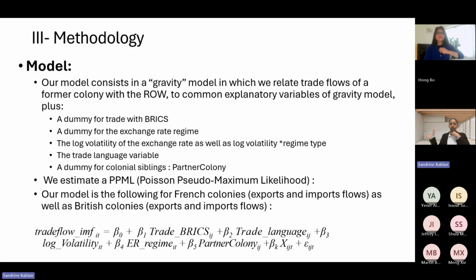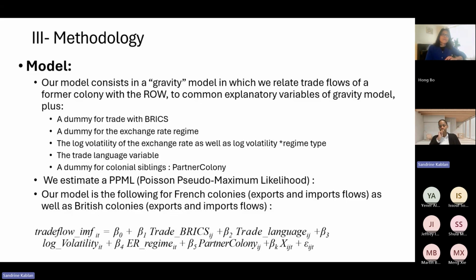Okay, so we relate trade flows of a former colony with the rest of the world to common explanatory variables of gravity model, plus the following variables of interest, which are a dummy for trade with BRICS, a dummy for exchange rate regime, the log volatility of the exchange rate, as well as log volatility crossed with regime type.